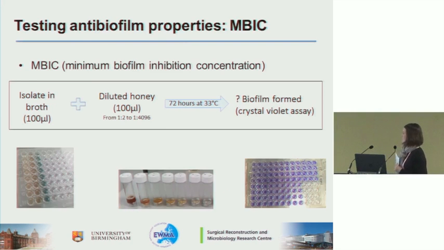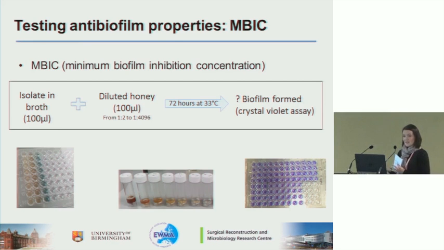This is the first experiment that tests if the agent can stop the formation of the biofilm. I make an overnight culture of a bacteria. I then place it into a 96 well plate, and to each well I add a similar amount of the diluted test agent, so honey or acetic acid. This is in a range of dilutions from strong to very dilute.